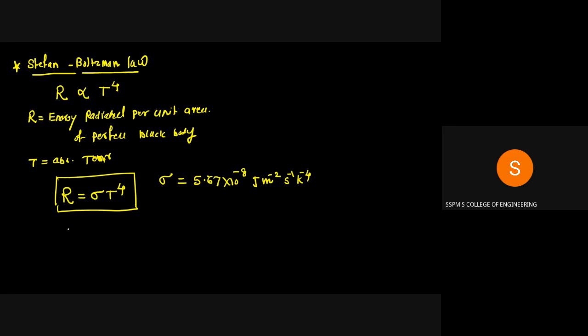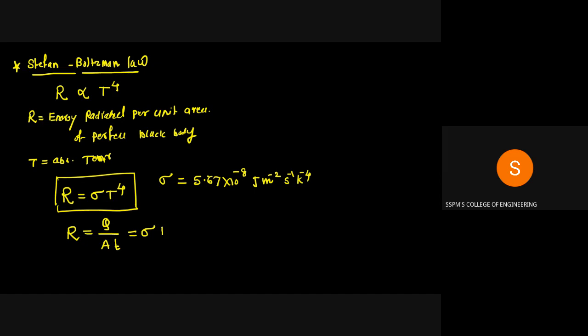And this R, we already saw, is Q upon AT. Therefore Q upon AT is equal to sigma T raised to fourth. This relation is for a perfectly black body.